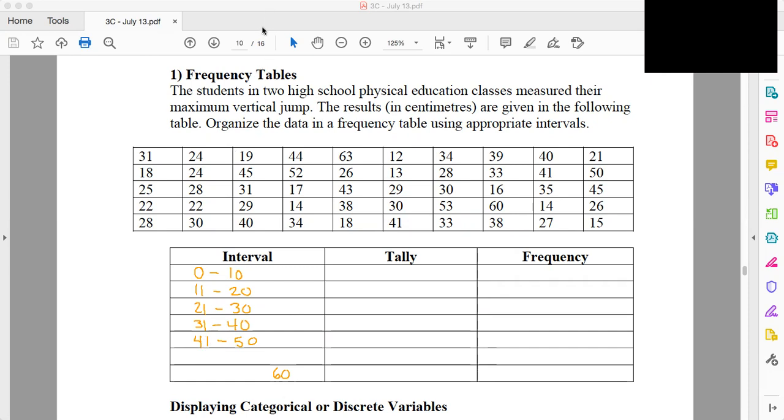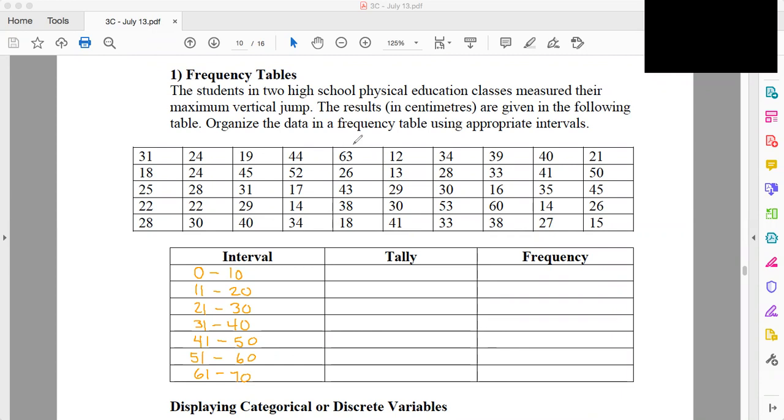Whoops. Actually, there is one between. 51 to 60, and then we'll do 61 to 70, because there is one somewhere there that is above 60. I don't see it at the moment, but okay.